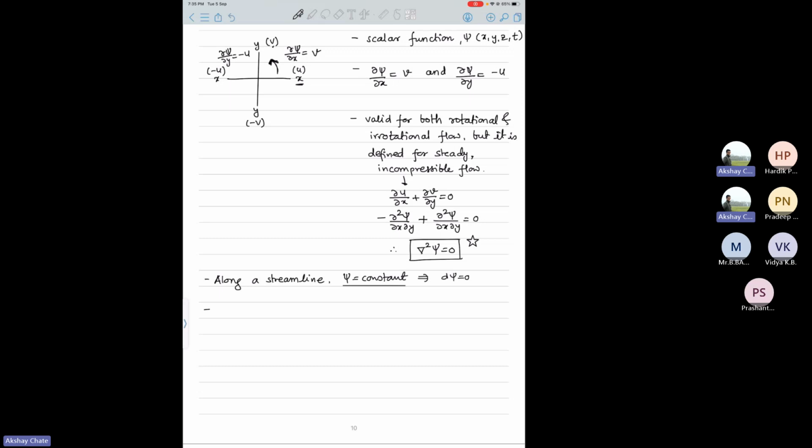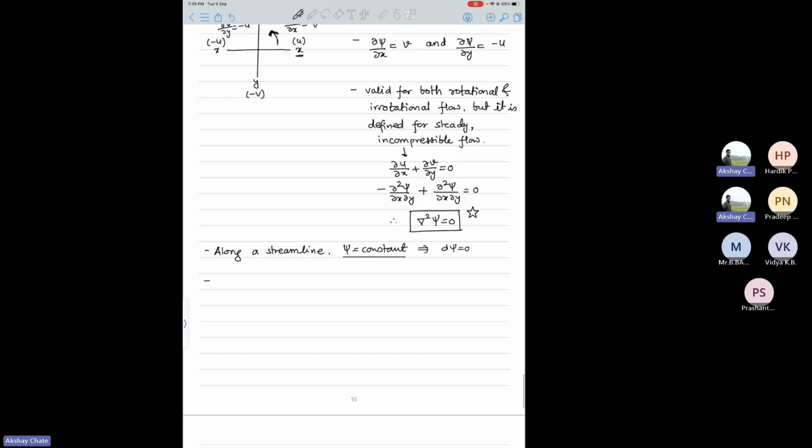And the last thing, I think one question was asked in the assignment: the rate of discharge, or volume flow rate, between two streamlines is given by the modulus of psi1 minus psi2.